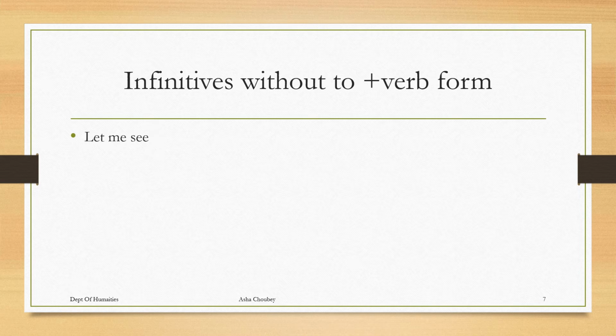You must go. Here again, go is an infinitive, though it does not have a 'to' before it. I am specially emphasizing this because you need to know that infinitive is not always 'to' plus base form. There are many other verbs that are infinitives, which we generally don't discuss.